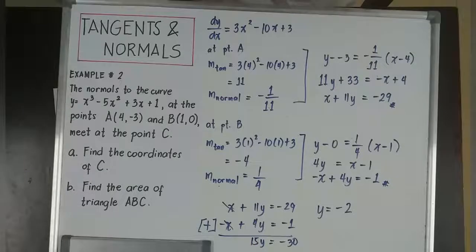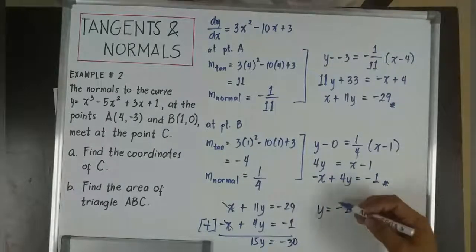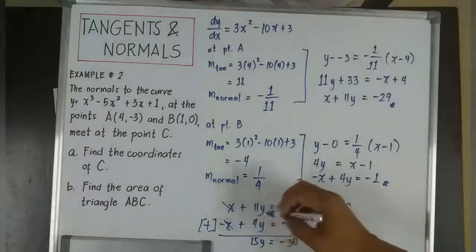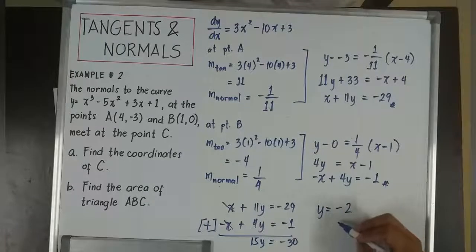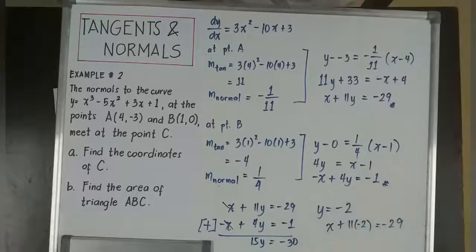To find the value of x, you just need to substitute y is equal to negative 2 into any of these two equations. So I'll use the first equation. x plus 11 times negative 2 is equal to negative 29. Remember, negative 2 times 11 is negative 22.